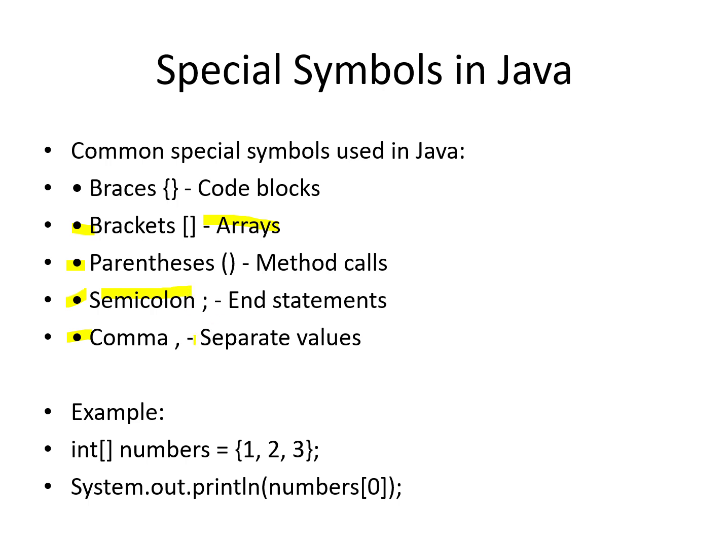Comma is used to separate multiple values. For example, we have used braces for code blocks, commas to separate the values, and brackets to represent an array.